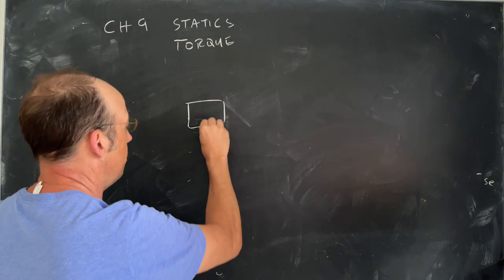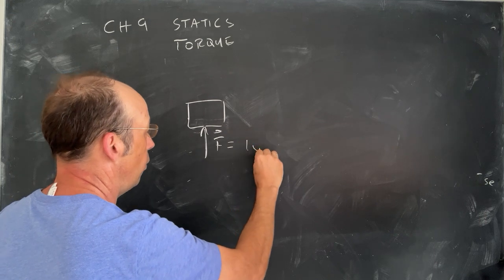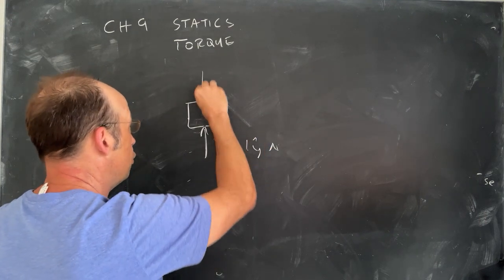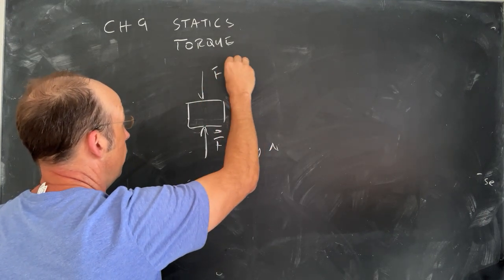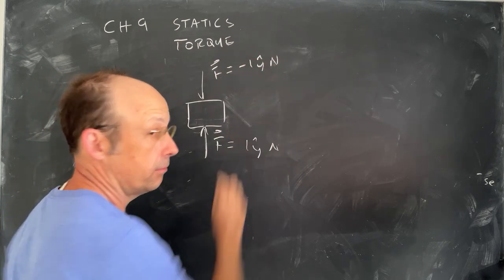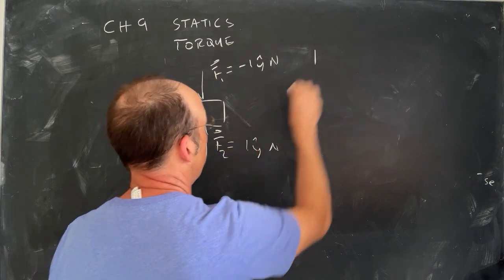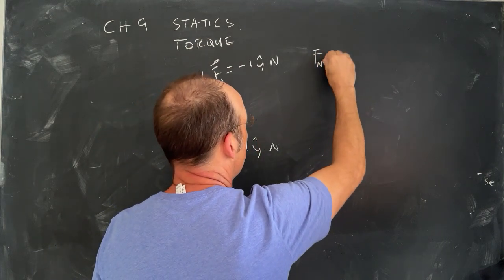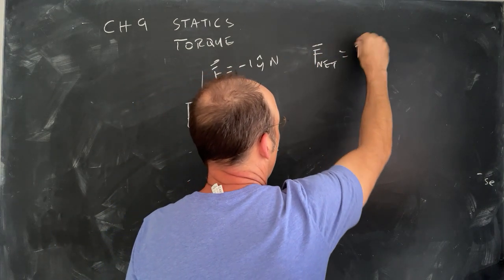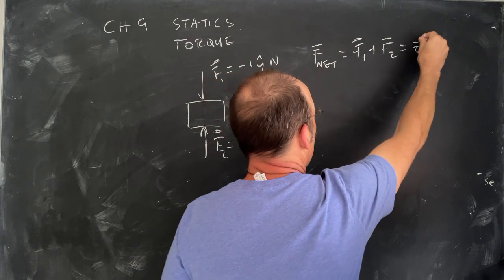I can push up with a force of, let's say, 1 y-hat Newton, and push down with a force of -1 y-hat Newton. Let's call those F1 and F2. F net is F1 plus F2 equals 0.